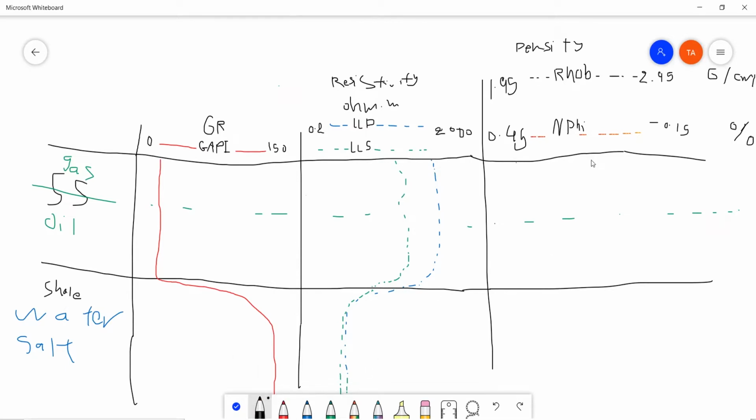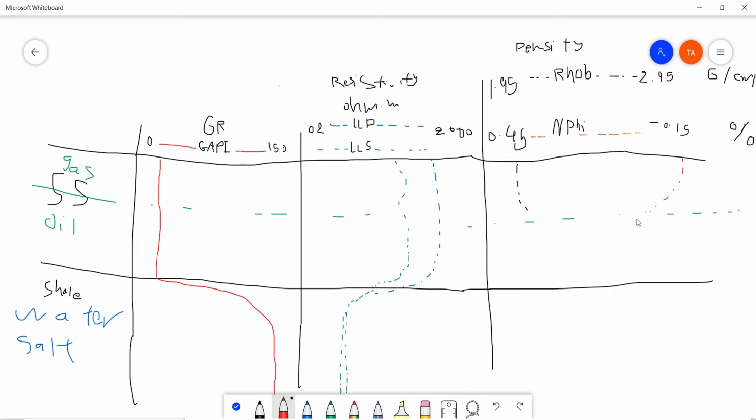Now it's black right here, the rho b. And for neutron it will be low too. So it will be like this, because the neutron starts from here. This is the minus 0.15.